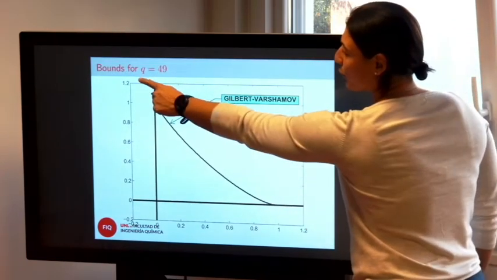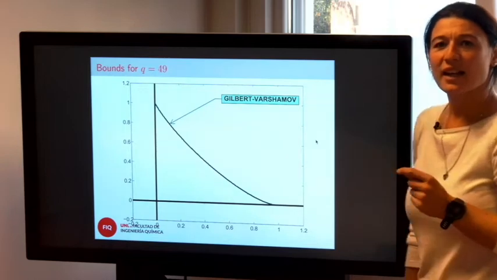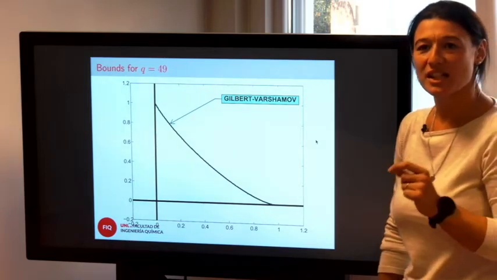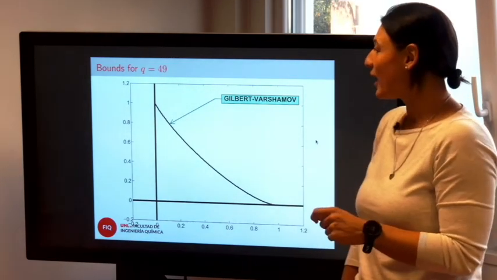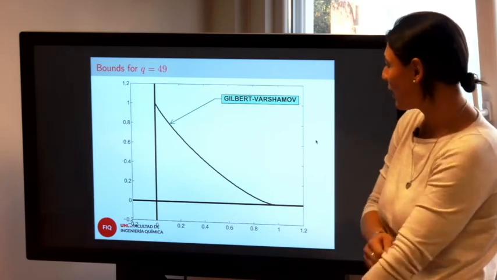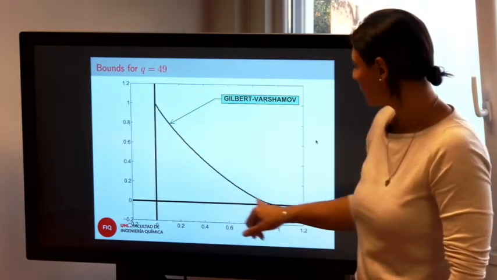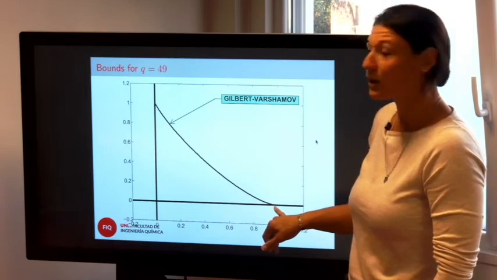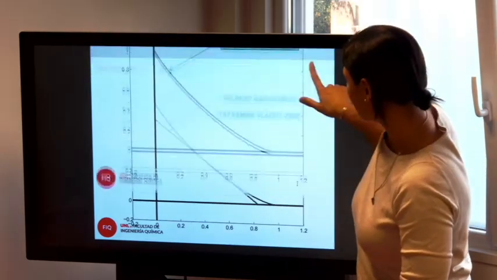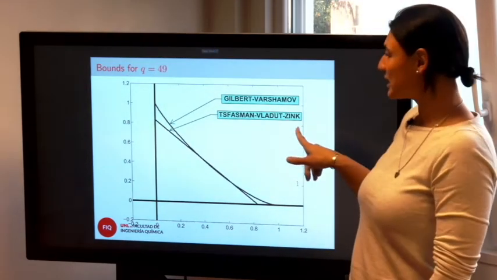In the case of Q equals 49, is the first time where we achieve a better result than the Gilbert-Varshamov bound. Look here, this is the Gilbert-Varshamov bound for Q equals 49, and this is the Tsfasman-Vladut-Zink bound.